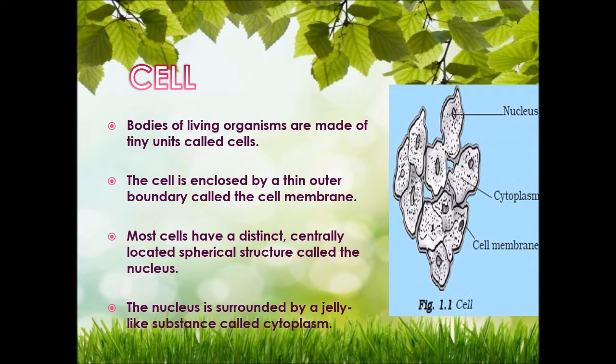The nucleus is surrounded by a jelly-like substance called cytoplasm. So, what we understood is that the bodies of all living organisms are made of cells. And the three main parts are the nucleus, the cytoplasm, and the cell membrane.